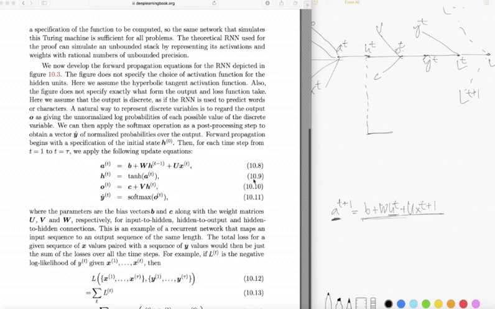So h_t goes into a_{t+1}, as is clear from this equation. And then a_{t+1} is dependent, again, on W, b, U, and x_{t+1}, and all of this is dependent on h_{t+1}.